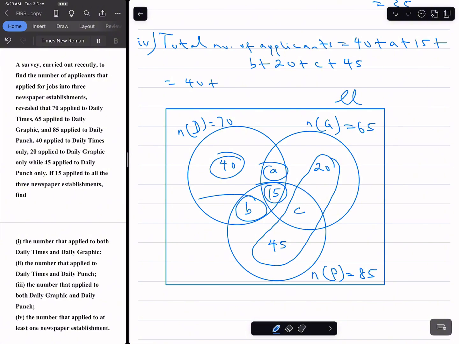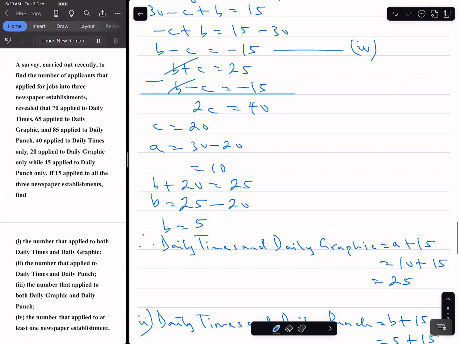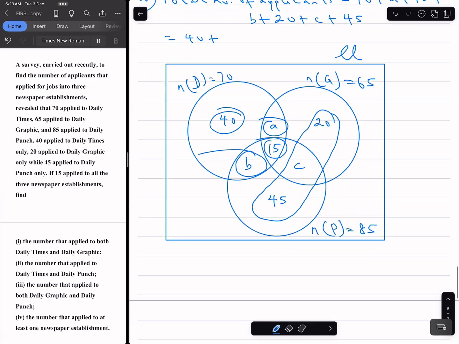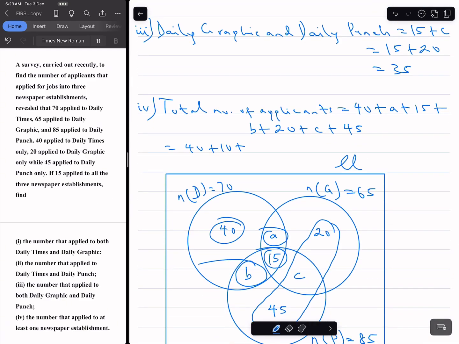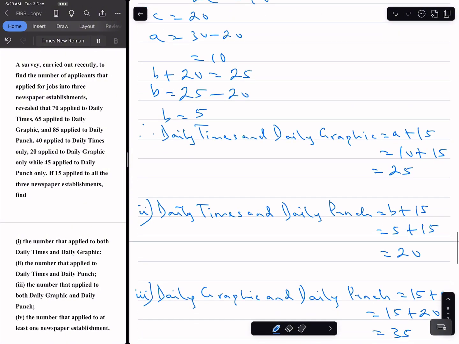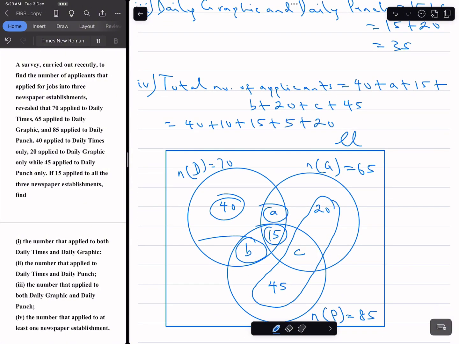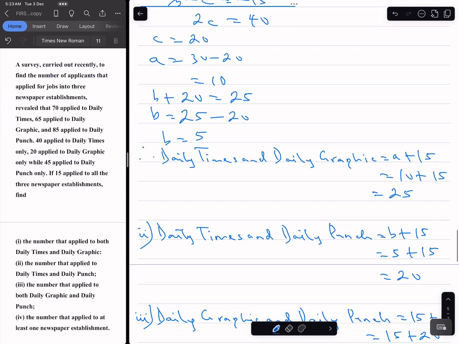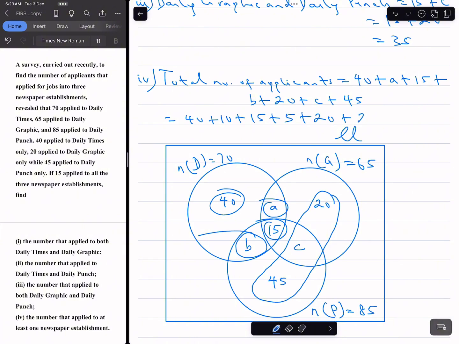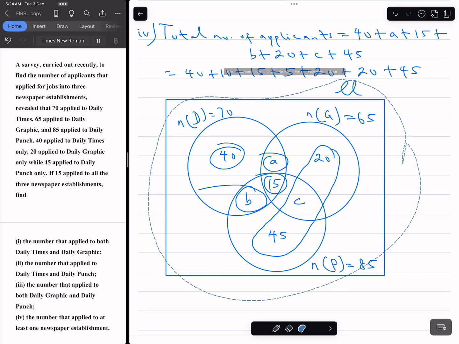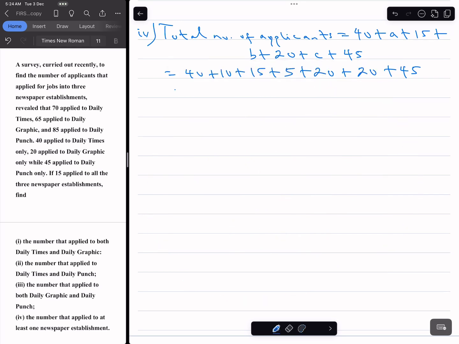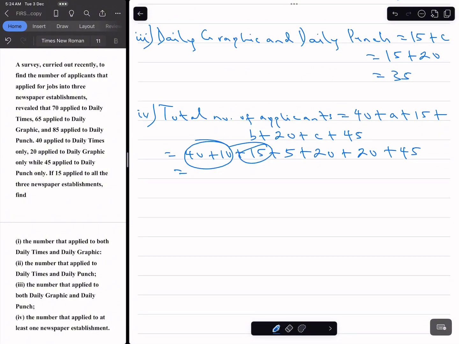A is 10, B is 5, and C is 20. So 40 plus 10 is 50, plus 15 is 65, plus 5 is 70, plus 20 is 90, plus another 20 is 110, plus 45 is 155.